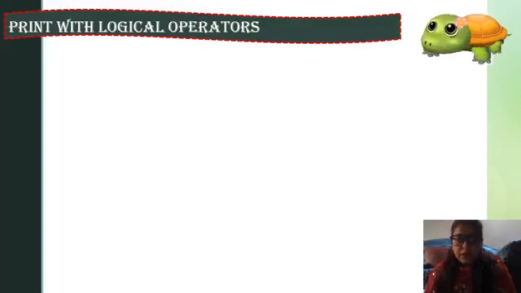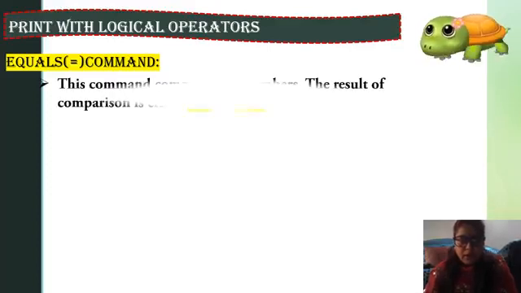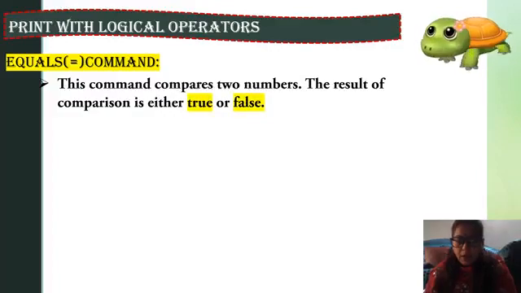So here the first operator is the equals to command. This command compares two numbers. The result of the comparison is either true or false. Means when we use this equals to command, the result comes as true or false.